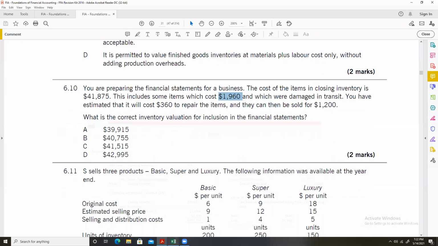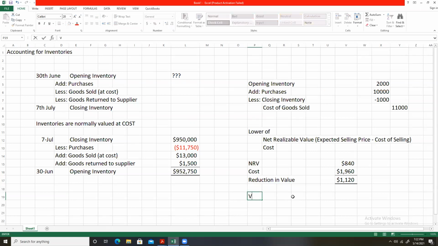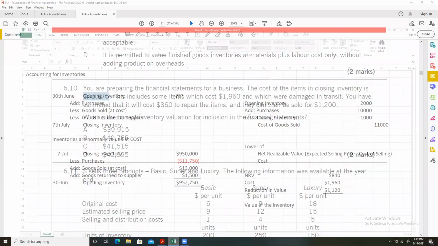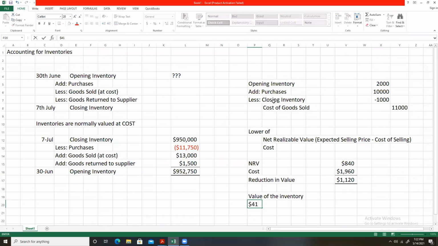So how much is the value of the total closing inventory? 41,875 minus 1,120 gives 40,755.